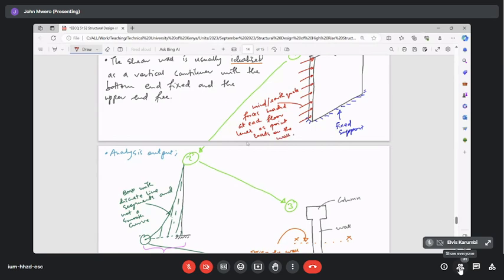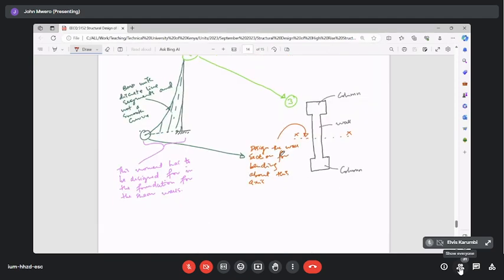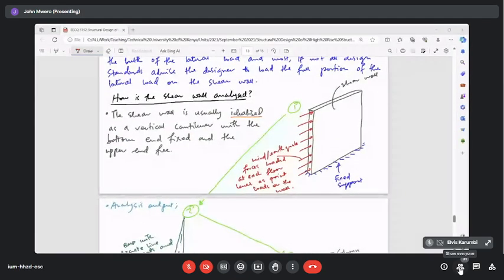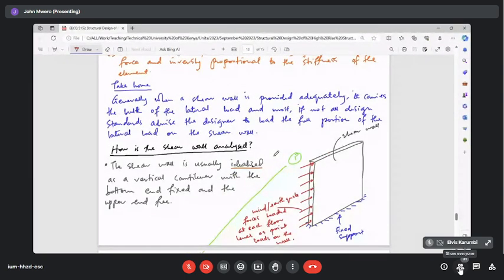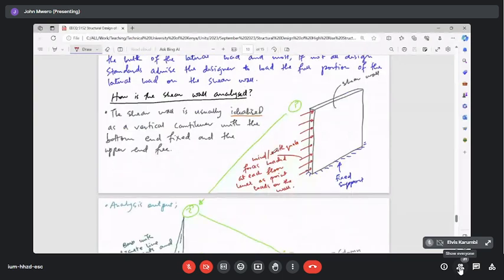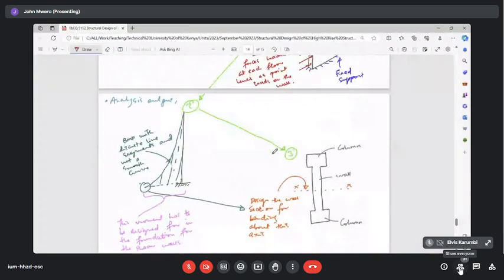This is the general approach to how we would idealize, analyze, and design a shear wall.